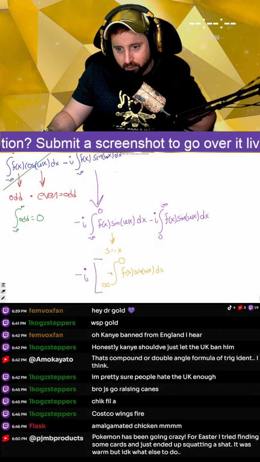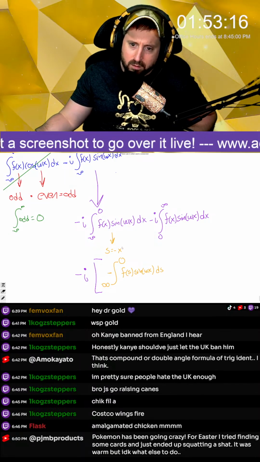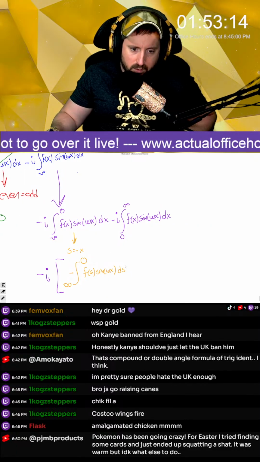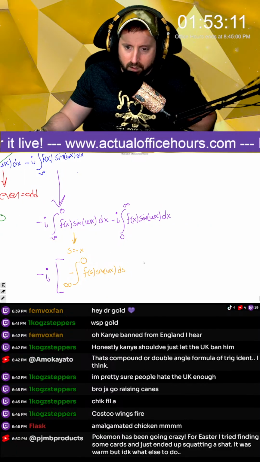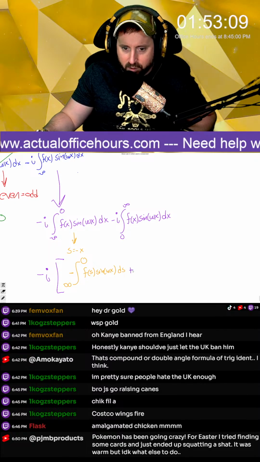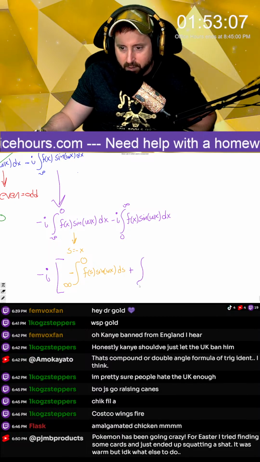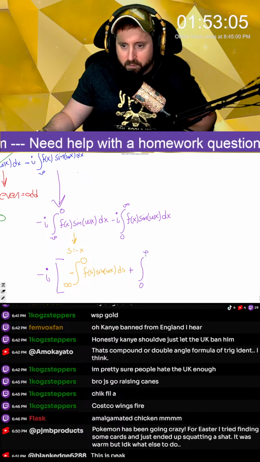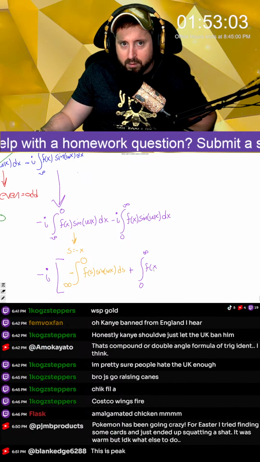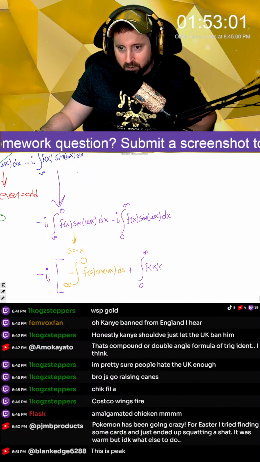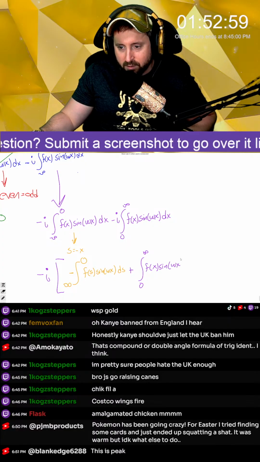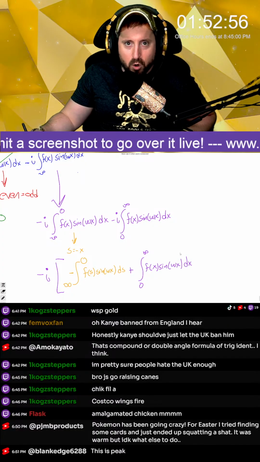But then there's a minus sign here, right? And then I pulled out the minus i, so that's plus. I see what's going to happen, 0 to infinity. This is peak. Sine(ωx) dx.